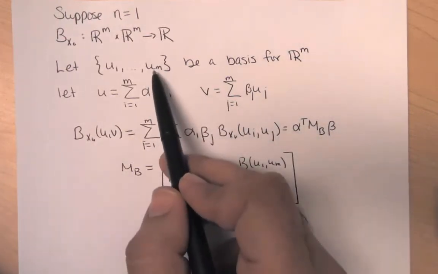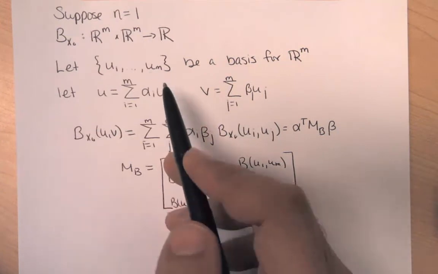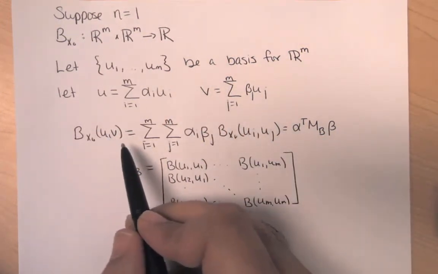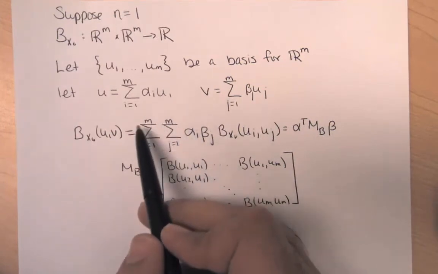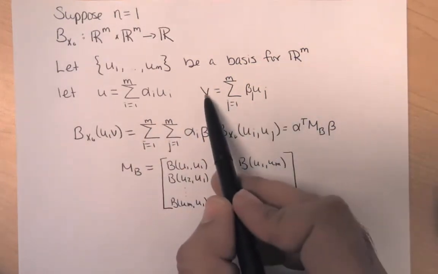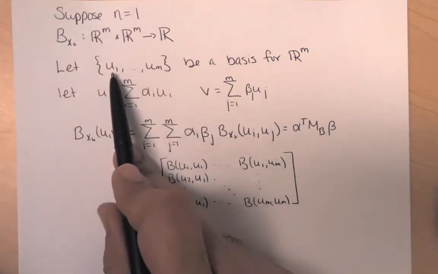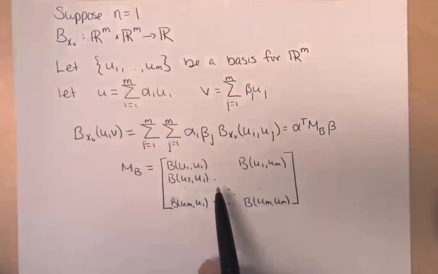In fact, if this is the canonical basis, then alpha is just the entries of U. And similarly, beta are the entries of V if this is the canonical basis. But I pick an arbitrary basis just to show the generality of this.